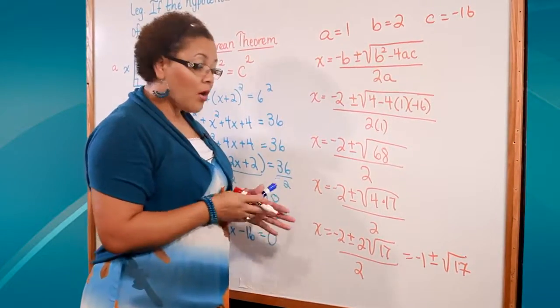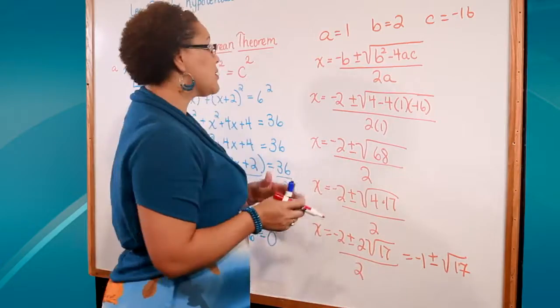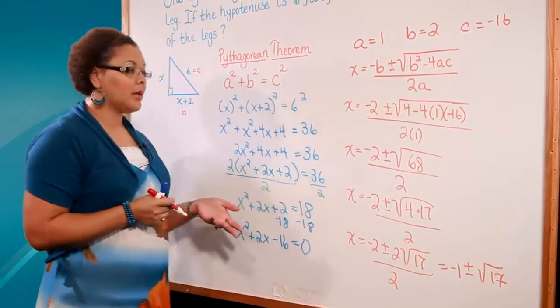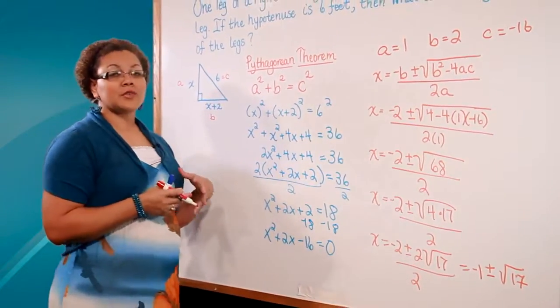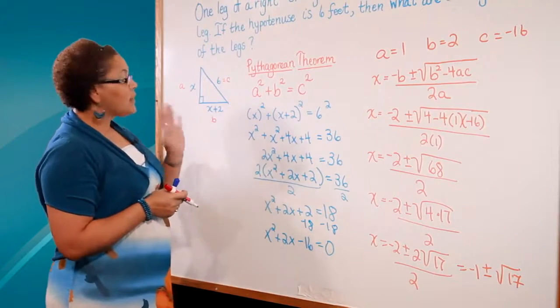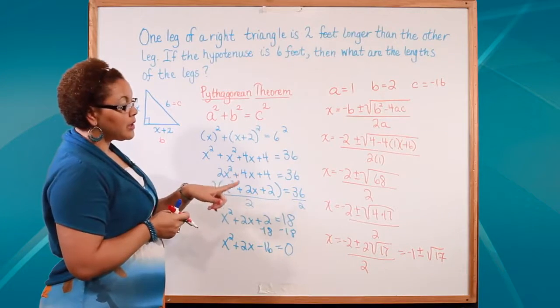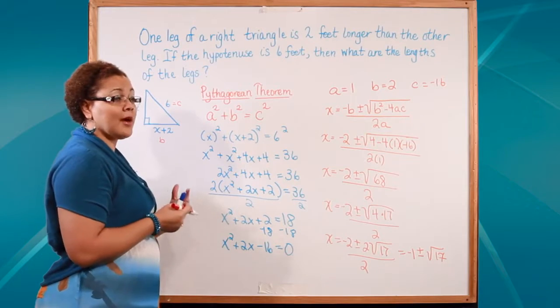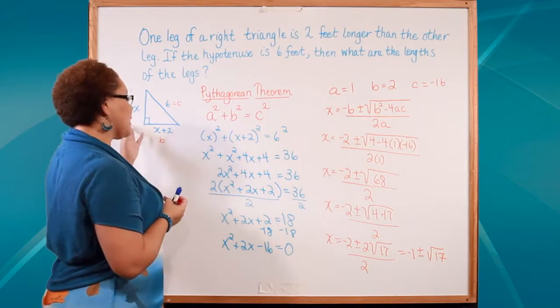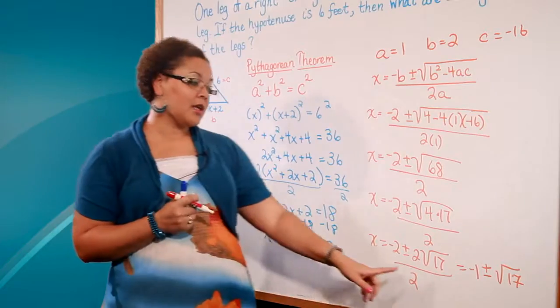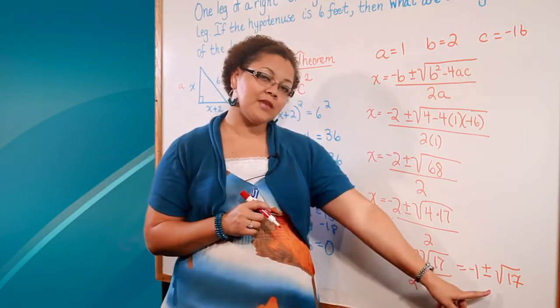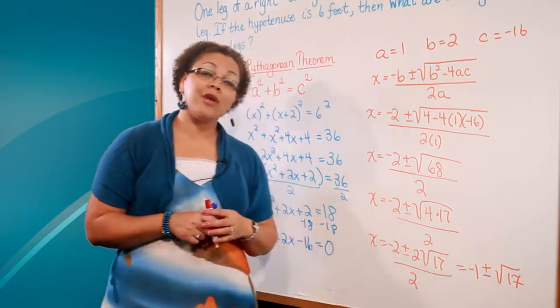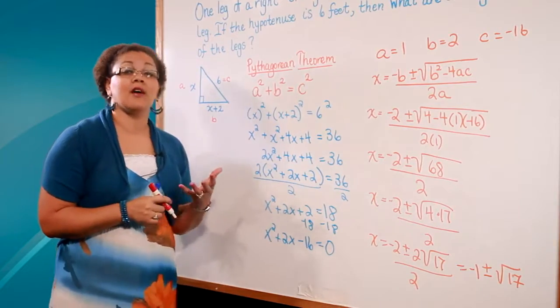But before I walk away from this answer, let's go back to our application and make sure that this answer makes sense. If the legs are -1 plus the square root of 17, that is going to give me a positive value for the length of my leg. But if I use -1 minus the square root of 17, that is going to leave me with a negative value for the length of my leg.